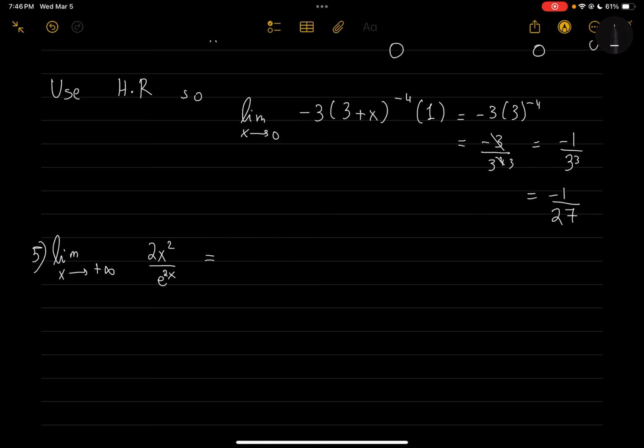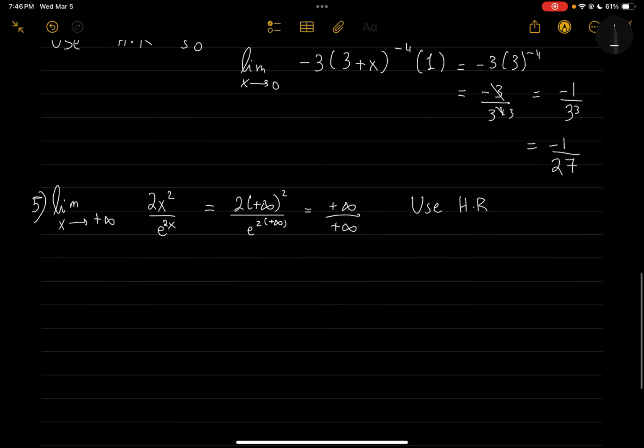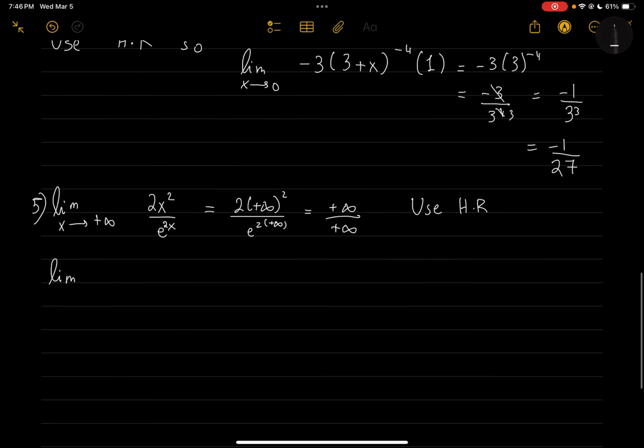If you replace x with plus infinity, you're going to get 2 plus infinity to the power of 2 over e to the power of 2 plus infinity, which is essentially plus infinity over plus infinity. Use L'Hopital's rule. Now, this one is going to give you limit x is going to positive infinity 4x over 2e^2x.